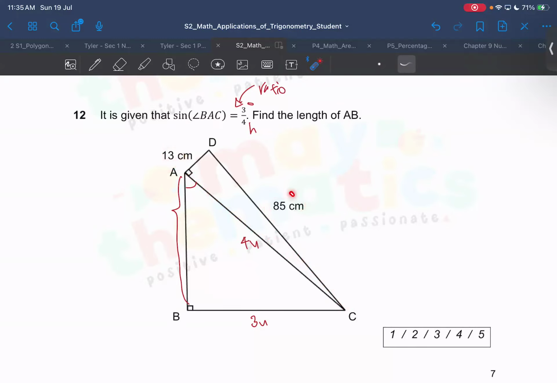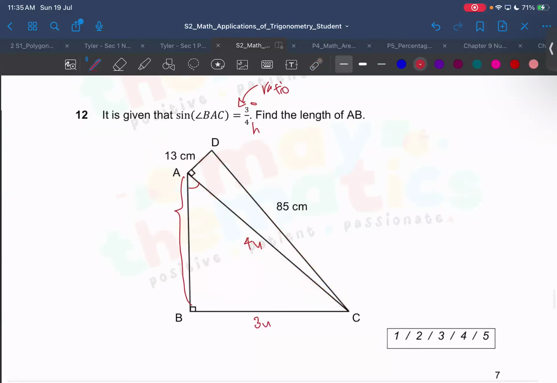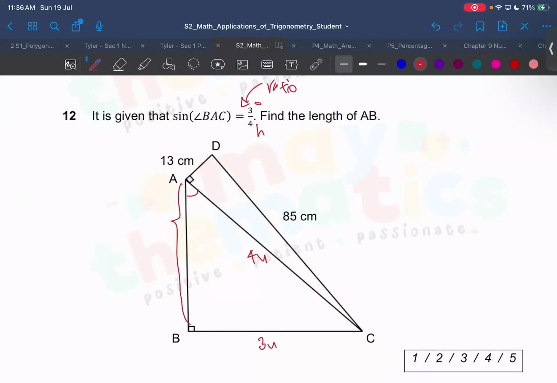Using this triangle. Can you all see something? Right angle triangle, what can you all see? As in, how to find AC? Use what? Pythagoras. Okay. So trigo also can, but I don't have the angle. Okay, so use Pythagoras. 85 square equals to 13 square plus AC square.